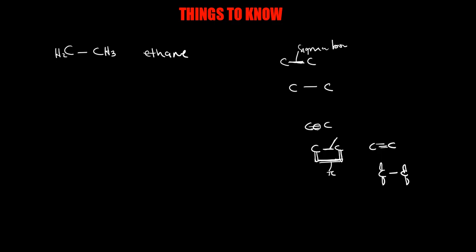This is another pi and this is another pi. They are more like waves. They are not that strong as compared to a sigma bond. So this is what we call pi bond, and also pi bond. That's the reason why in a triple bond we have two pi bonds and one sigma bond. So I just wanted you to know about that. So the bond that will take place between the carbons there is what we call a sigma bond.